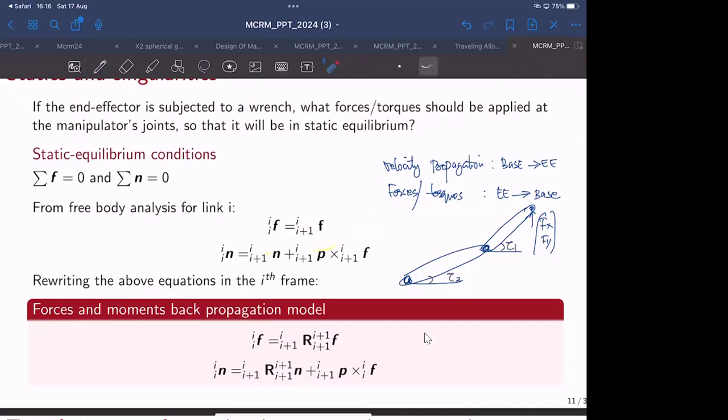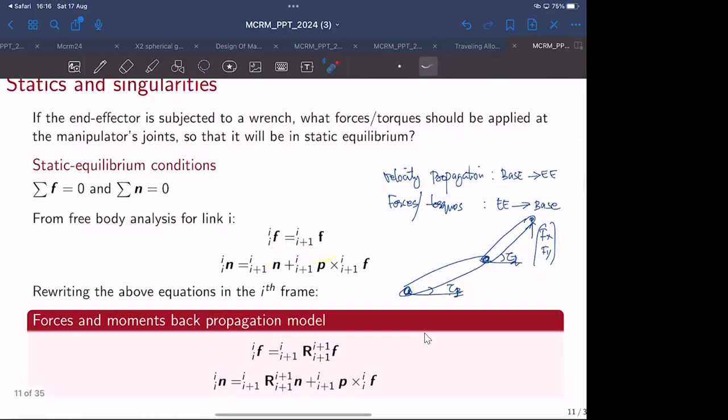For example, if you are keeping a payload on the end effector, which has components Fx and Fy, how much torque should you maintain at the joints tau 1 and tau 2, so that the manipulator will be in static equilibrium. So that is the problem that is addressed by robot statics, right?